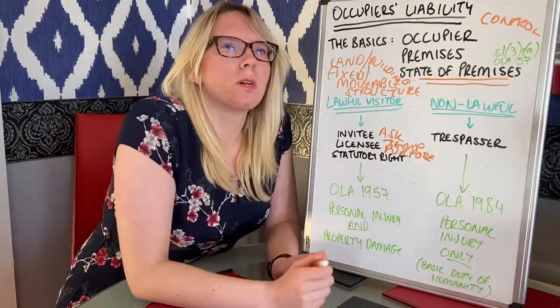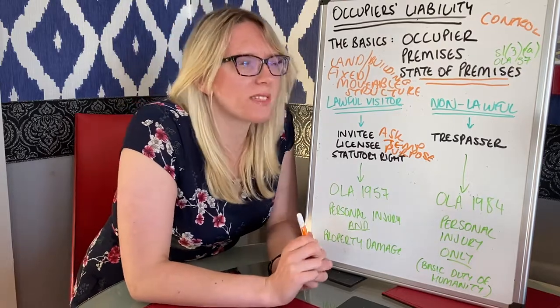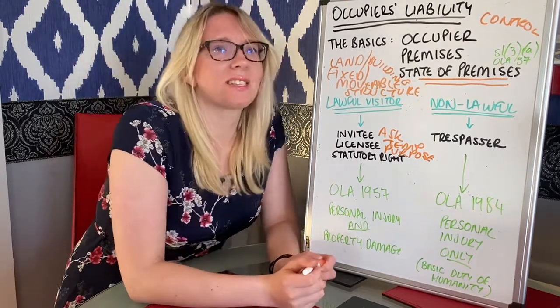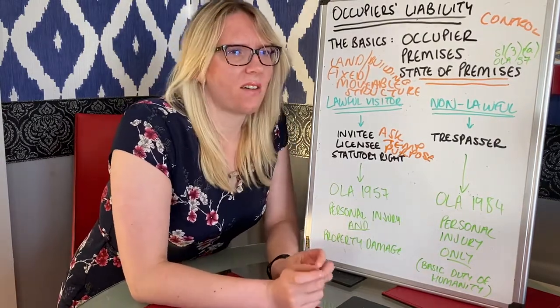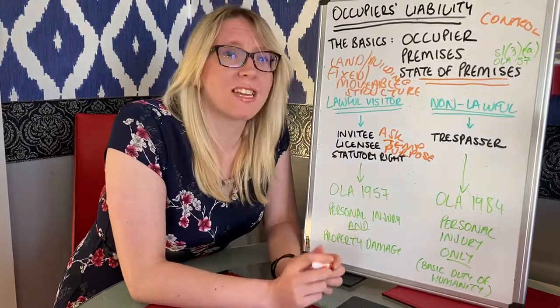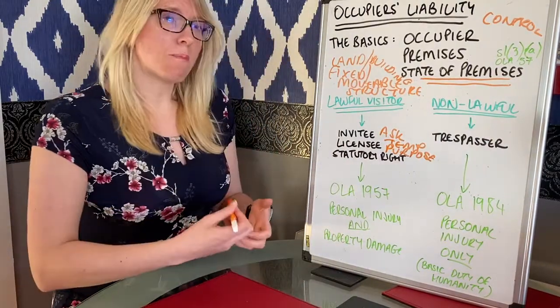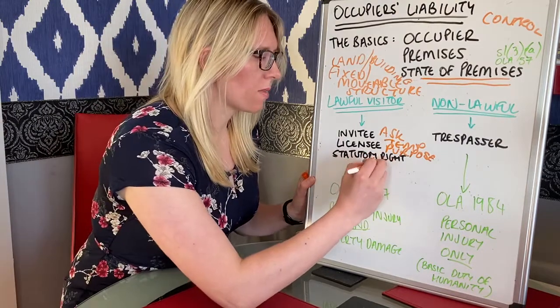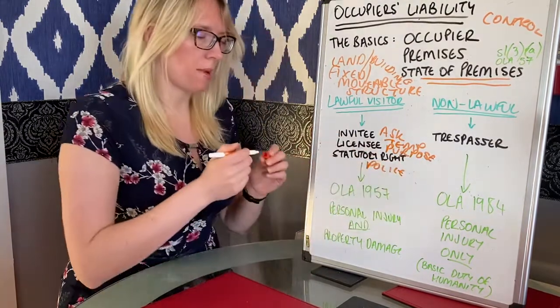Finally, there are some people who have a statutory right to enter your property, whether you like it or not. And I always think it's quite ironic that you still have a duty to protect these people, even though the reason they have a statutory right to enter is because generally you won't let them in otherwise. So again, you want some examples. We are talking about the police. That's probably the easiest one to remember.